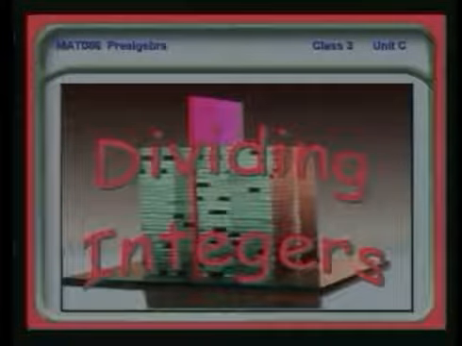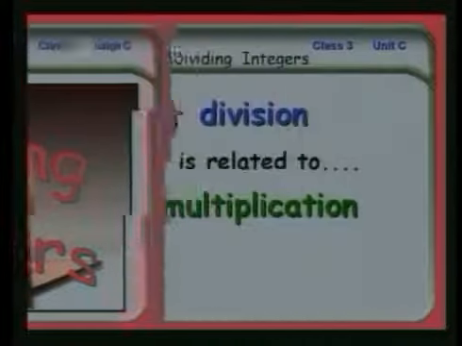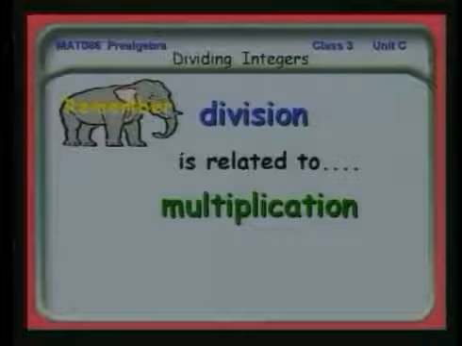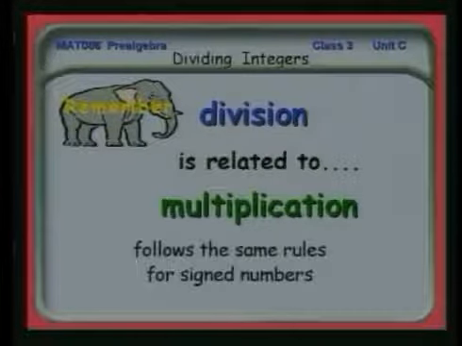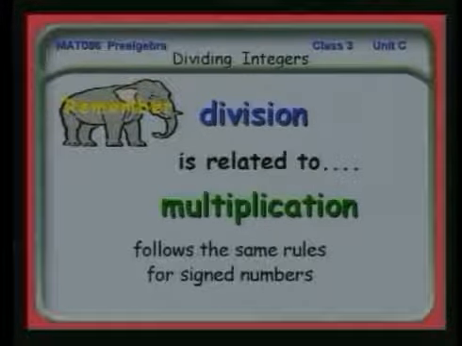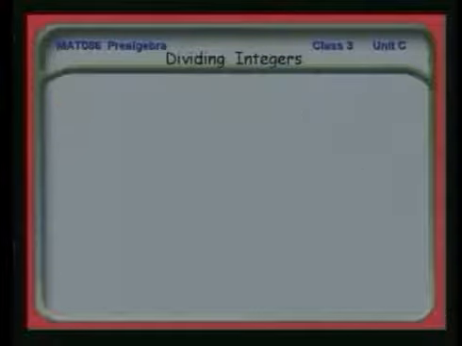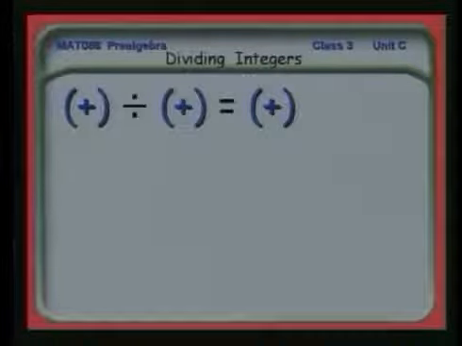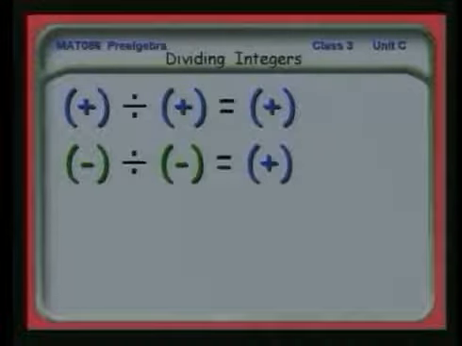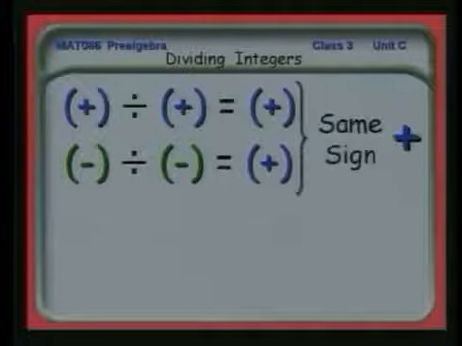Let's look now at dividing integers. Remember that division is related directly to multiplication, and in fact, it follows the same rules for signed numbers. Positive divided by positive is positive, as we have seen up to this point. Negative divided by negative is also positive.